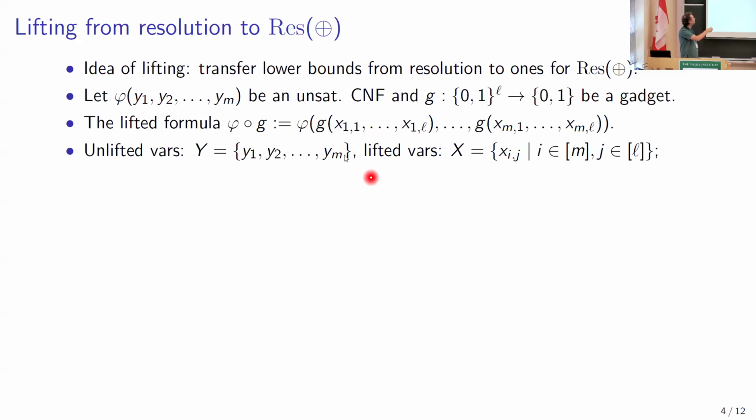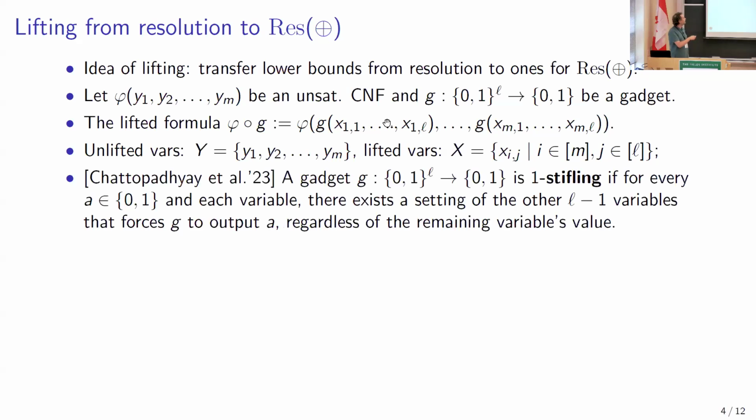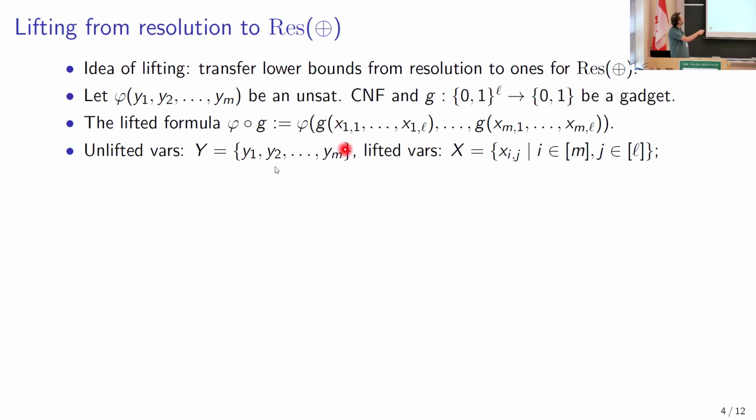We substitute for every variable a gadget on new copies of variables. So we have unlifted variables y and lifted variables x with two indices.